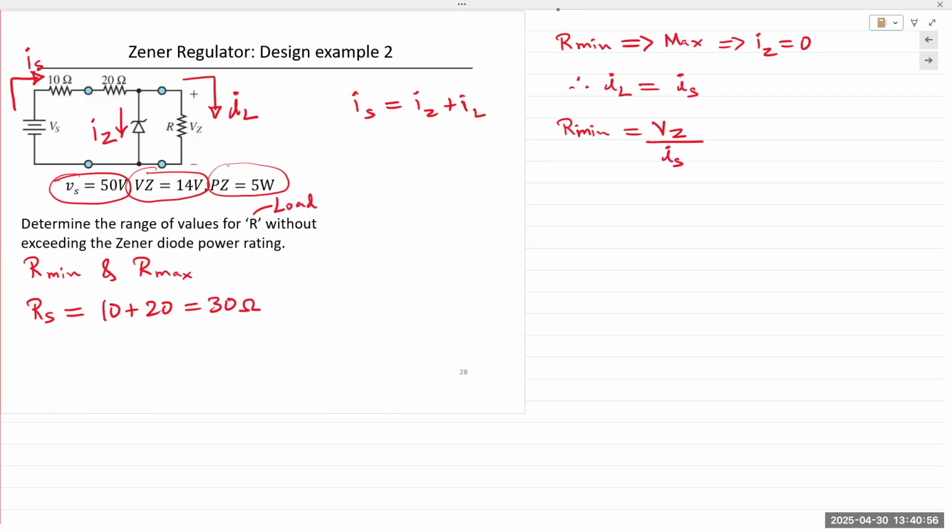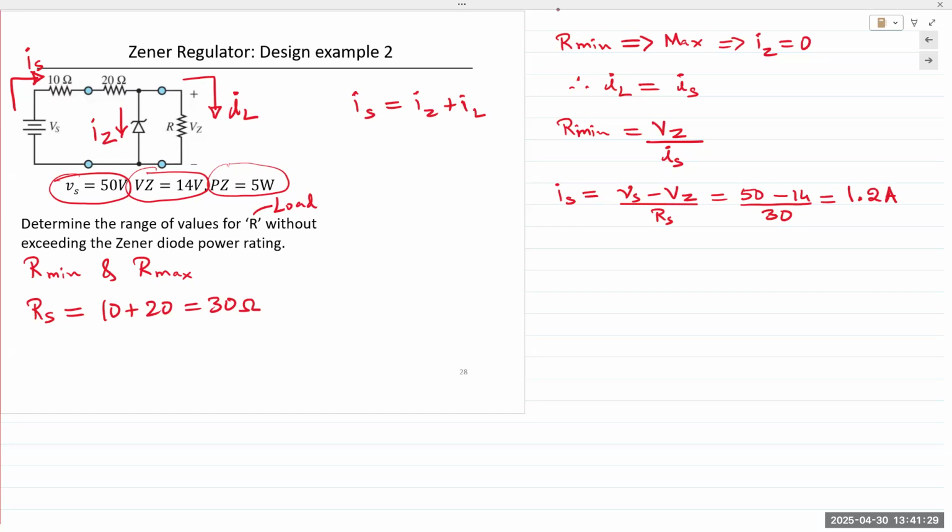IS would be at its maximum value, and that would give us the minimum value of load resistor R. IS can be found from the equation Vs minus Vz over Rs. 50 volts and a 14-volt Zener with a 30 ohm series resistor gives us a value of 1.2 amps.